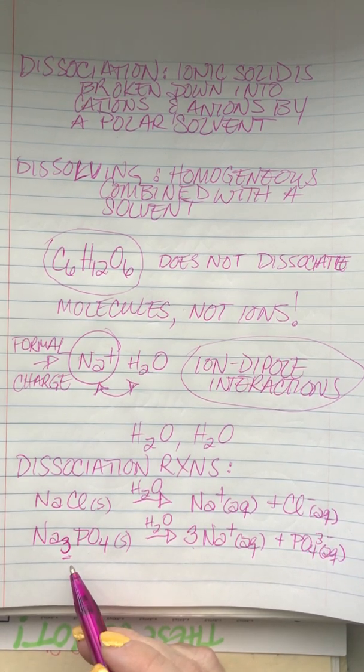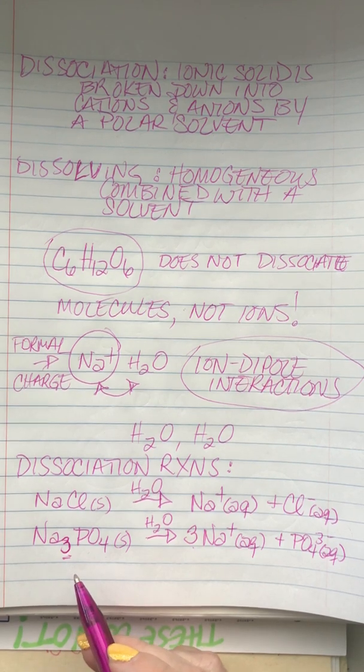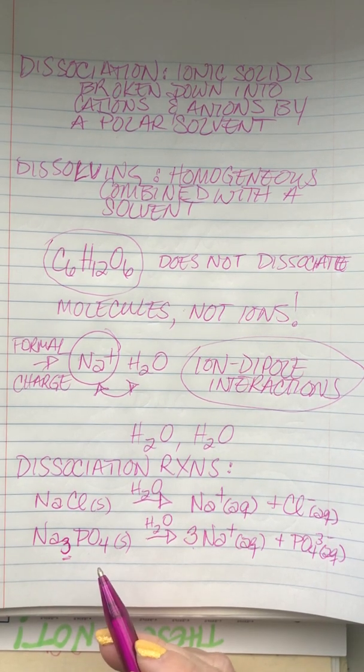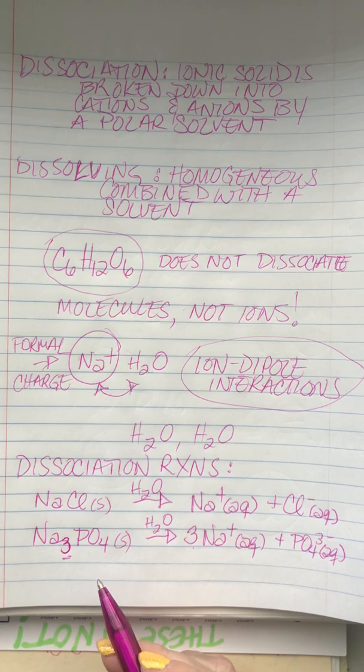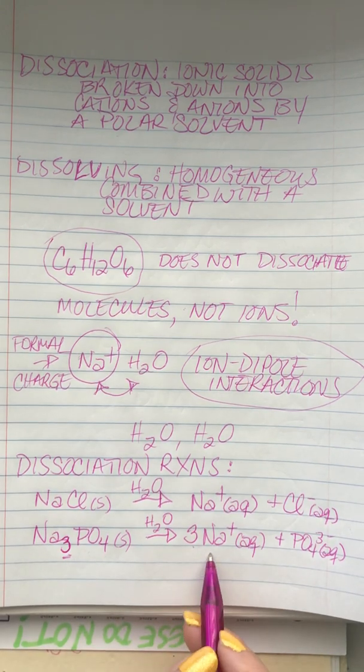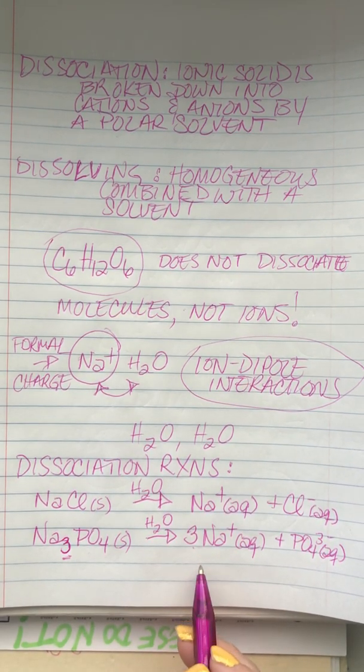So just a gentle reminder, this 3 has nothing to do with the charge on sodium, right? Sodium's charge is set in stone. It's always going to be a +1 because it's a group 1 metal and it needs to lose 1 electron to get back to that noble gas electron configuration, right? So we're not changing the charge on sodium ever, right?